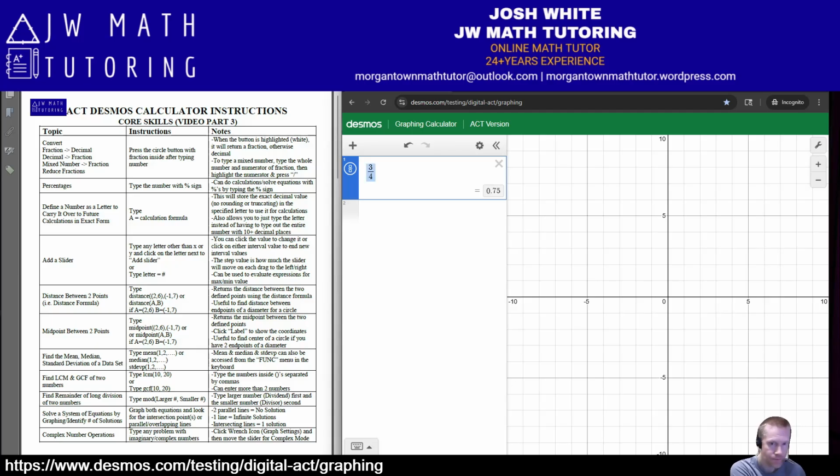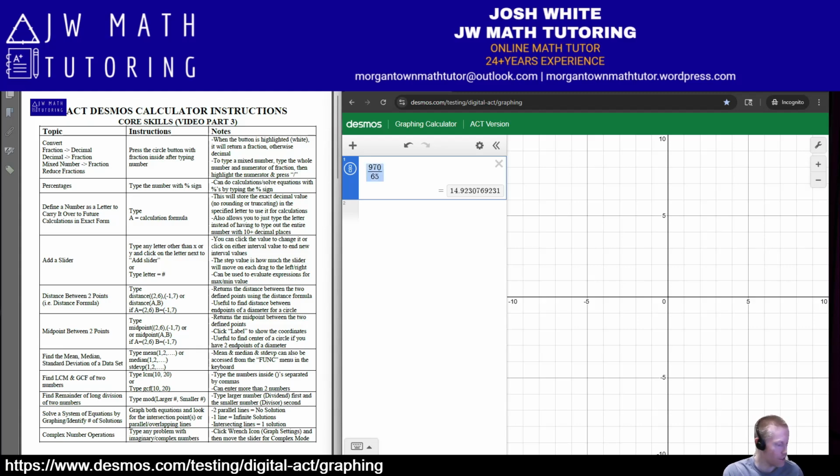Now, you can also simplify fractions. So you have like 970 over 65. Notice it gives me the decimal equivalent. But then if I click it again, down here, notice it gives me the simplified version of the fraction. So be aware of that.